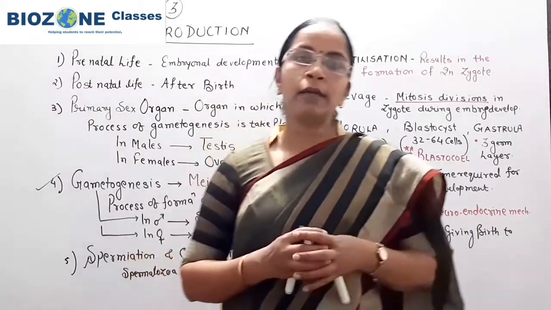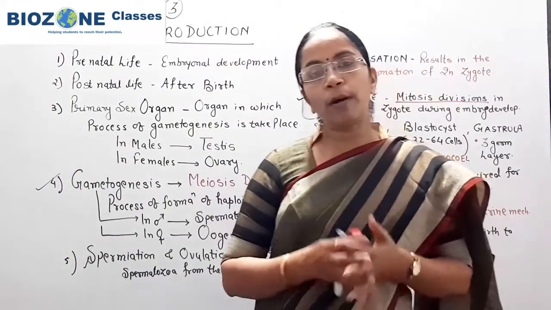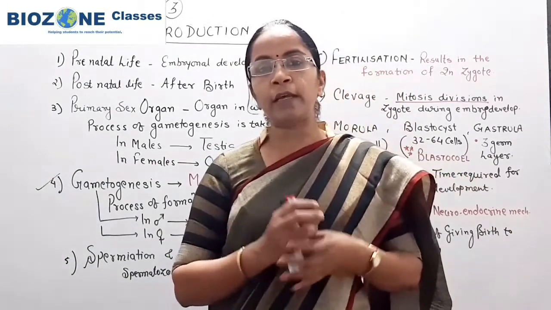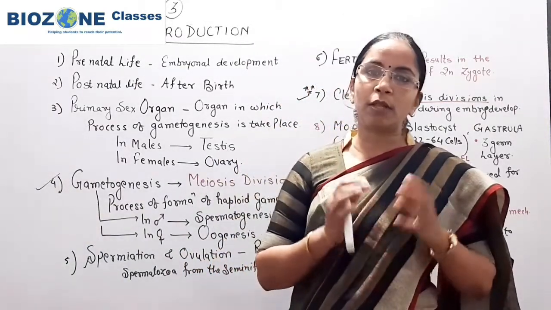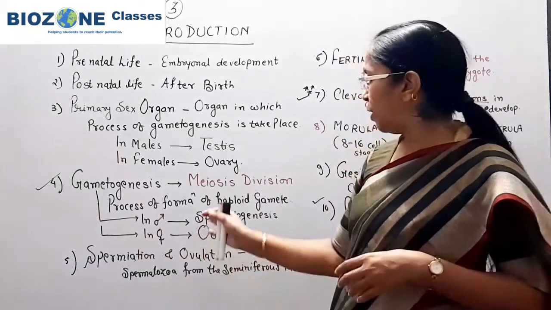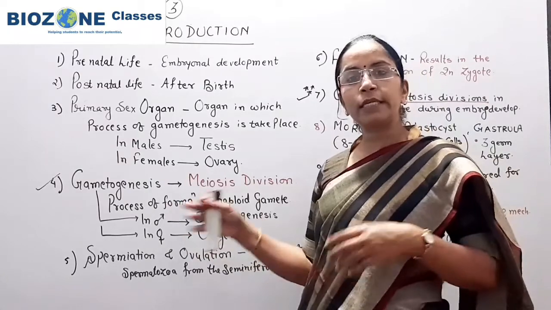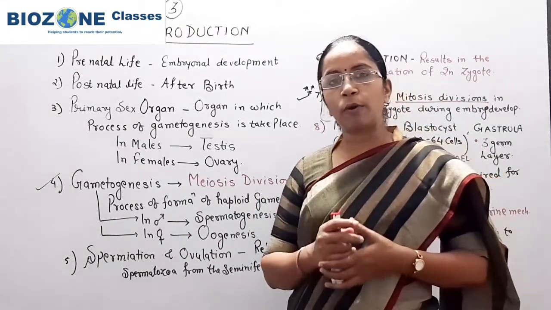Stay conceptually clear about when meiosis division takes place. Remember that human beings are diploid, the parent body is diploid, all the vegetative cells are diploid, and the cells involved in gametogenesis inside the testes and ovary are also diploid.